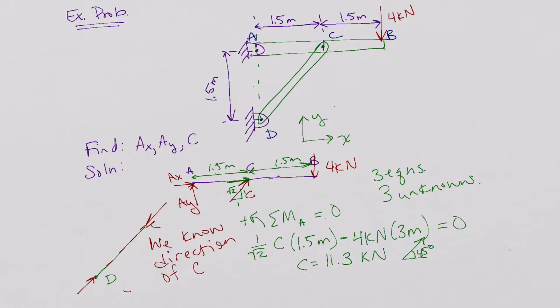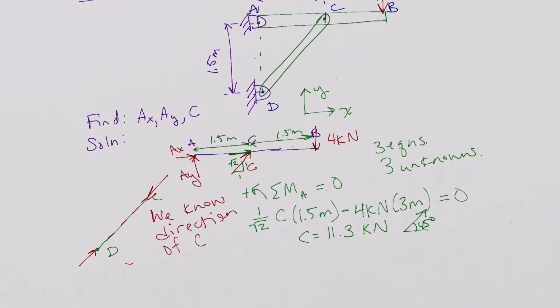Now let's do the sum of the forces in the X direction and the sum of the forces in the Y direction. So the sum of the forces in the X direction equals 0. It's going to equal AX plus that X component of the C, so 1 over the square root of 2 times 11.3 kilonewtons. And the 4 kilonewton force is all in the Y direction.